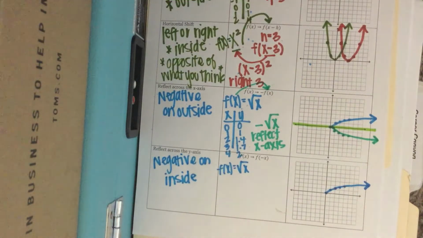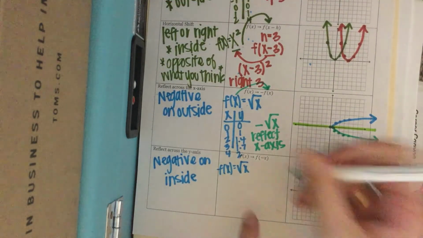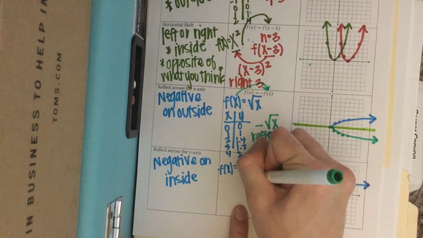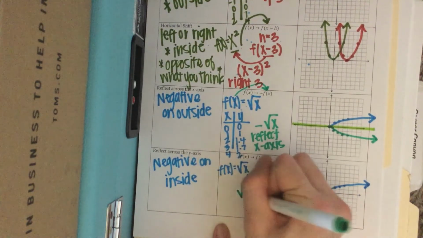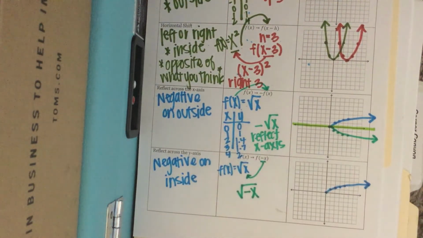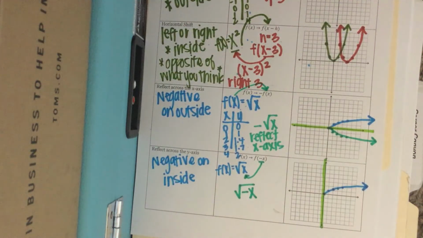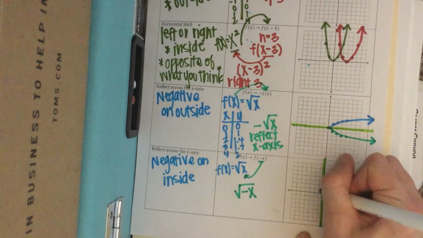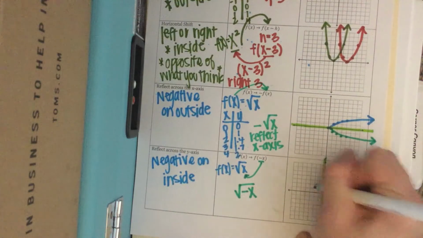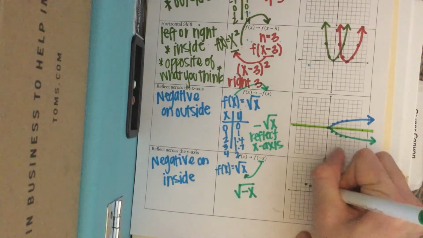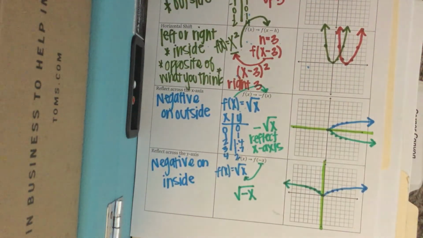Now this time, that negative's on the inside. So this is going to become square root of negative x. And this reflects over the y-axis, so over this axis. So there, there, negative, negative, negative.